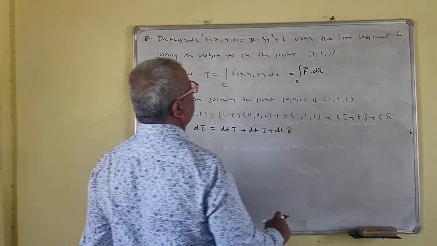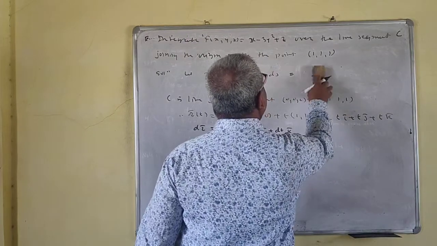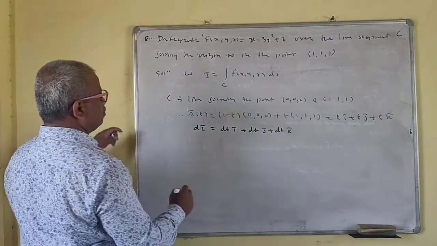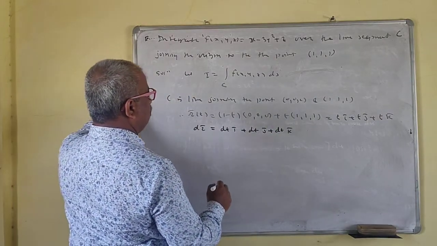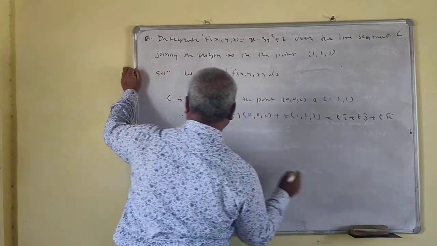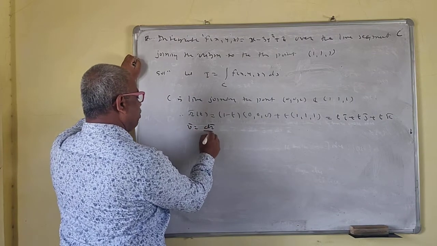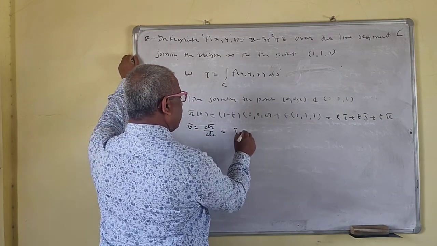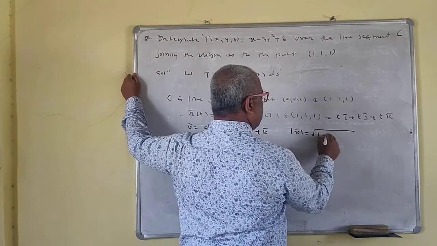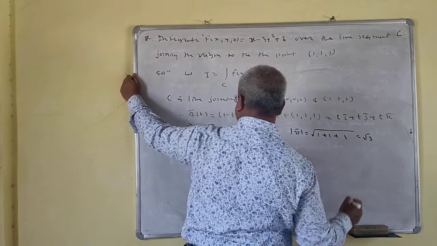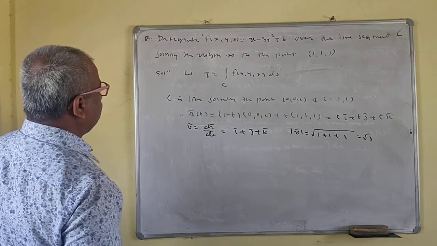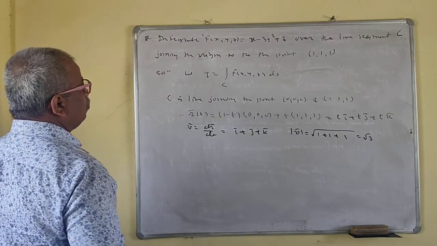Now we find v bar. V bar is equal to dr bar by dt is equal to i bar plus j bar plus k bar, and mod of v bar is nothing but root of 1 plus 1 plus 1. This is root 3.